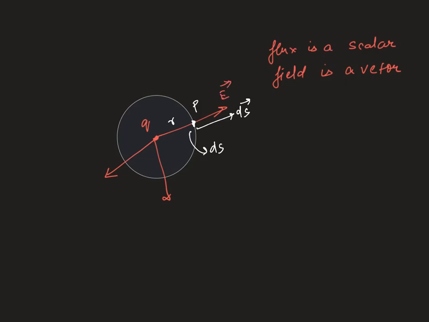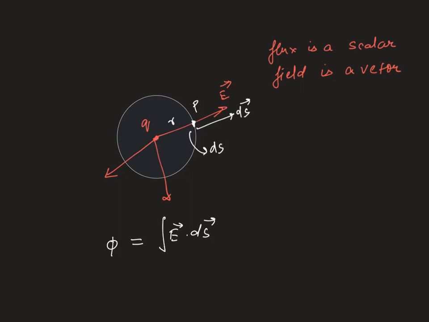And the way to find out the flux phi is phi equals the integral of E dot ds over the entire surface.